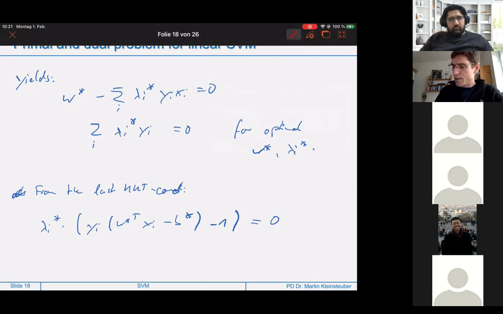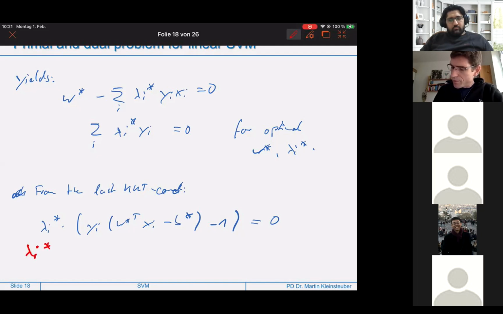I different constraints, and either the lambda I is 0 or this guy here is 0, or the constraint is 0. Okay, we say that the support. Okay, so let's write it down, otherwise I cannot explain.